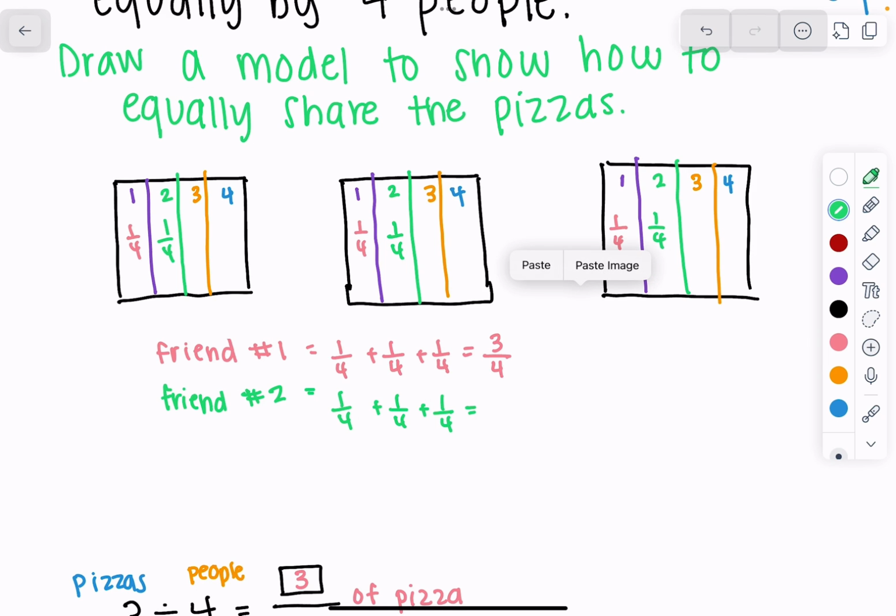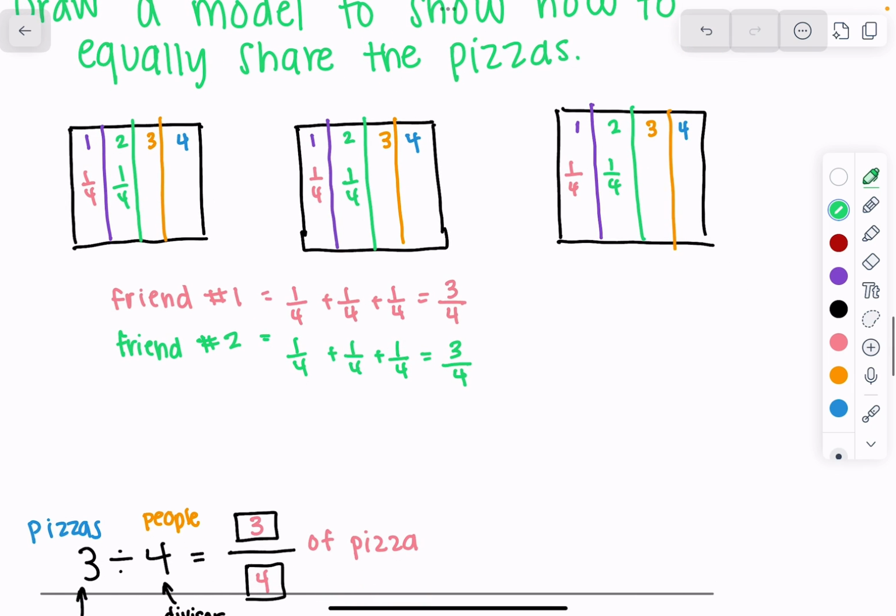So 1 plus 1 plus 1 is 3, and then 4. So we can just so on and so forth go along the friends because we've divided it so equally and made sure each friend got the same amount of pizza, right? So friend 3 would be 3/4, and then friend 4 would also have 3/4. Okay?